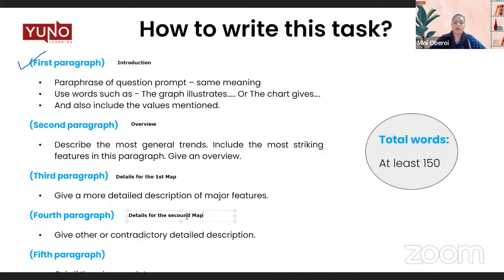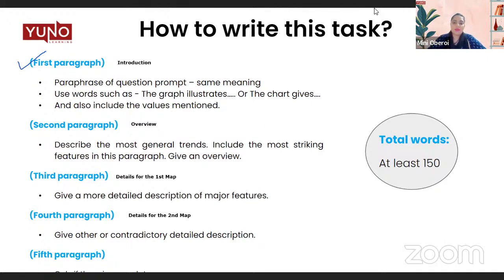That's it, right? So if we just try to write down the details correctly, if we are giving the content in this type of a structured way, nobody can stop you from getting a higher band score. You can easily achieve an 8 to 8.5 or 9 in your band score, right? So I hope that the structure is clear.